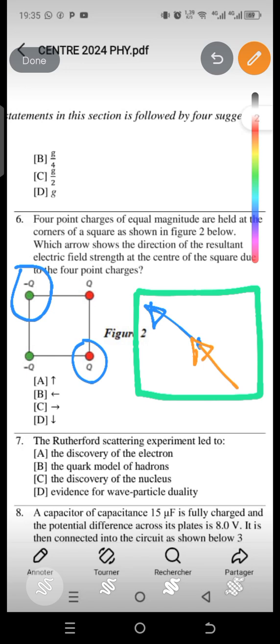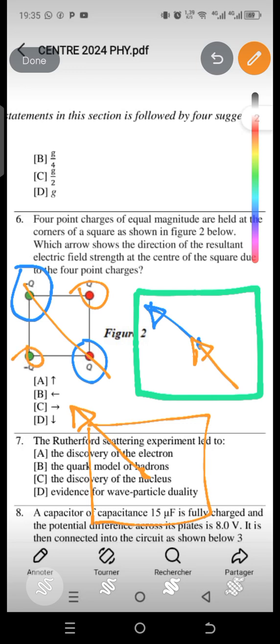So it therefore means that the direction for the two charges that are diagonal, here's the center, is actually going to be in this direction. That's the resultant for those two charges. Now what about these other two charges this way?